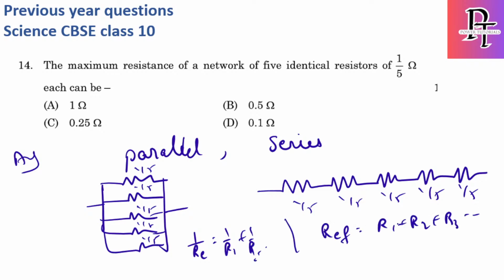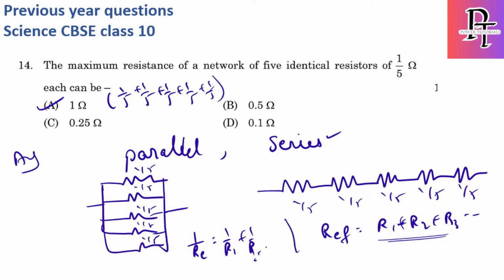Here it is plain addition, whereas there it is reciprocal addition, and you also have to invert it at the end. So definitely to get the maximum resistance, series is the right answer: 1/5 plus 1/5 plus 1/5 plus 1/5 plus 1/5. The answer will be 1.